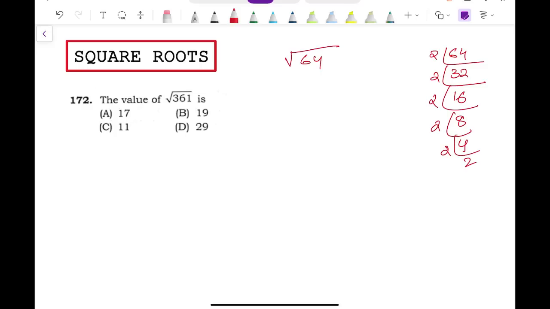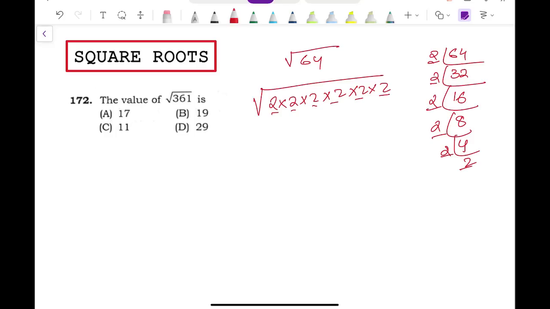If you look here, how many do we have? 1, 2, 3, 4, 5, 6. So root over 64 can be written as 2 into 2 into 2 into 2 into 2 into 2. So how many do we have? 1, 2, 3, 4, 5 and 6.